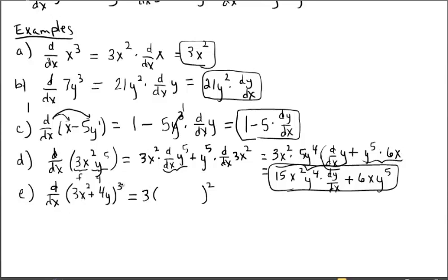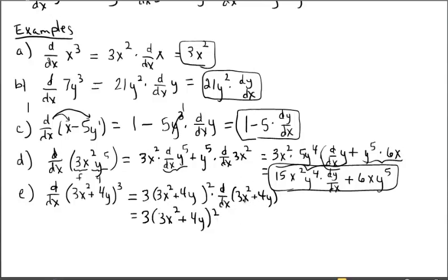So bring the 3 in front, drop that to 2. I'm not done until I say I'm going to multiply by the derivative of what I left alone, the inside function. Bringing this part of the problem down, I'm done with it. It just drags down.